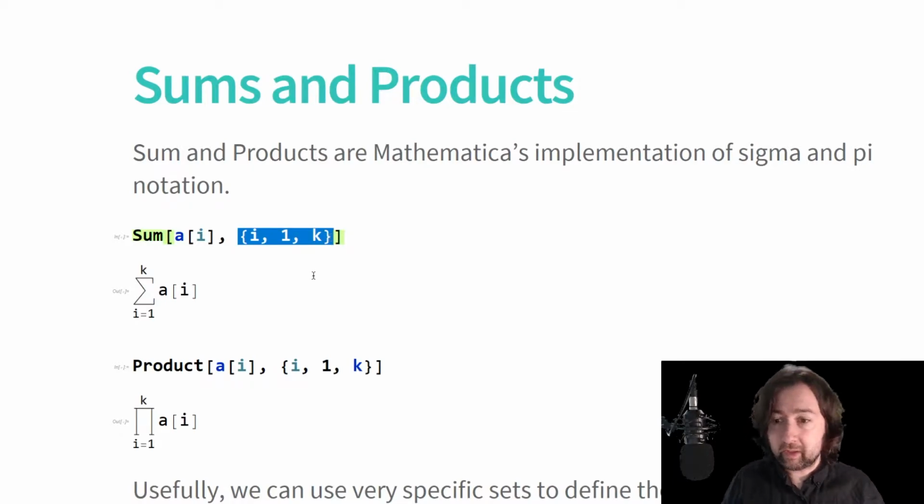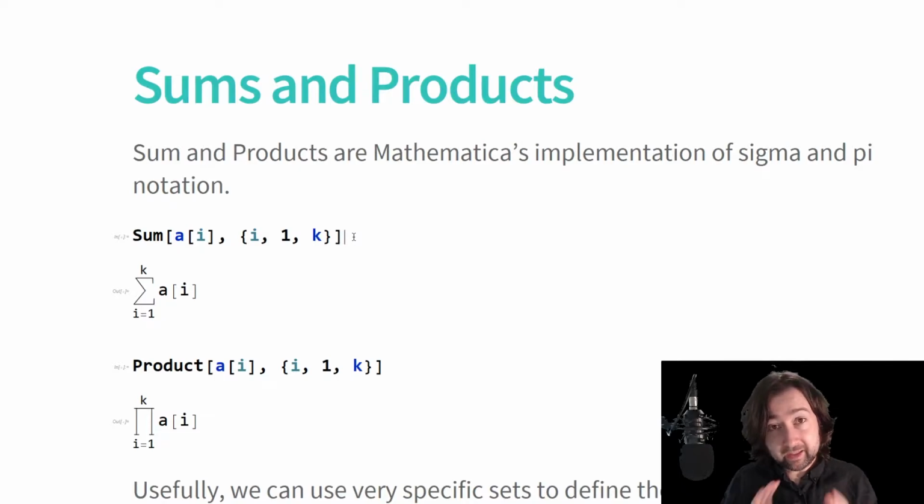Symbolically, what Mathematica thinks when you write this down is exactly what we've written. We haven't given it anything specific, so it thinks, okay, you want me to take a_i, plug in i values between 1 and k, and then add them all up. Well, the best I can do with that is this sigma notation. I have a notation for that.